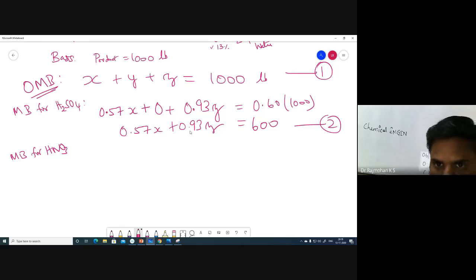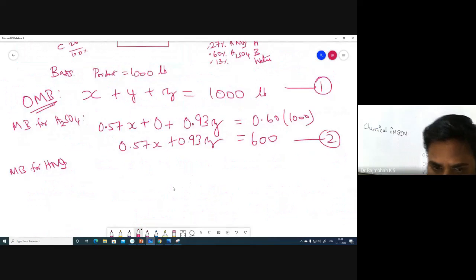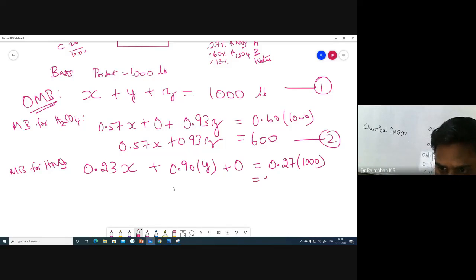Similarly, what is the material balance for nitric acid? It has 23% in the feed, waste acid. So you can write 0.23x plus the amount in Y, which is 90%, 0.9 into Y, plus 0, because the amount of nitric acid in the concentrated sulfuric acid is 0, is equal to the product, which contains 27% nitric acid, so 0.27 into 1000, which is 270.